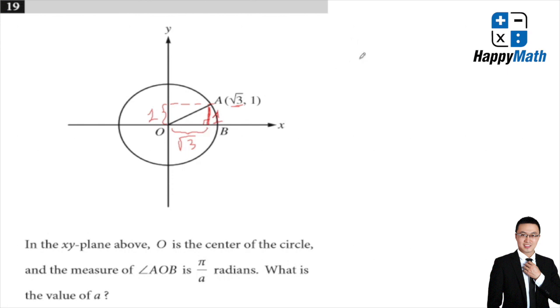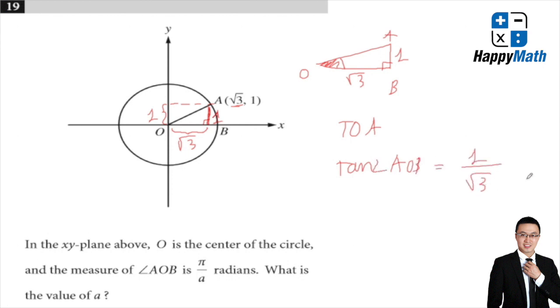So look at this triangle. Here is the angle AOB. This line is 1. This line is square root of 3. So here is a right triangle. So based on the tangent, tan of AOB will be equal to 1 over square root of 3.